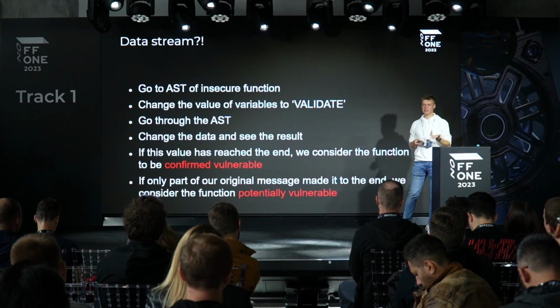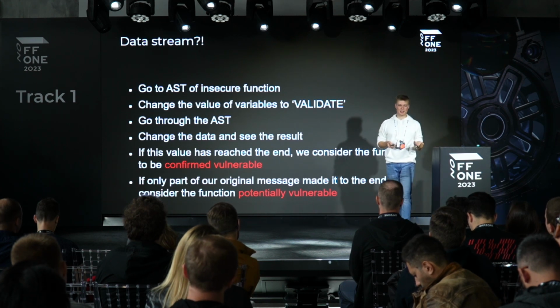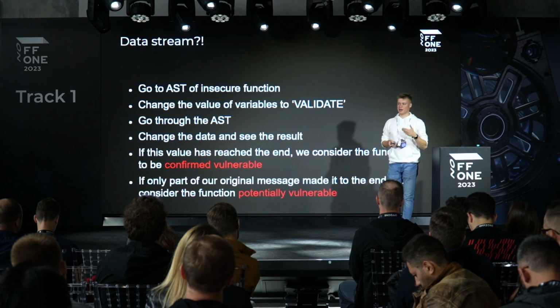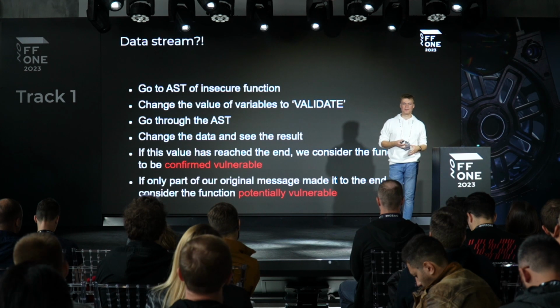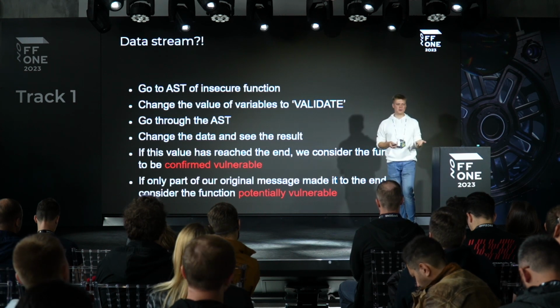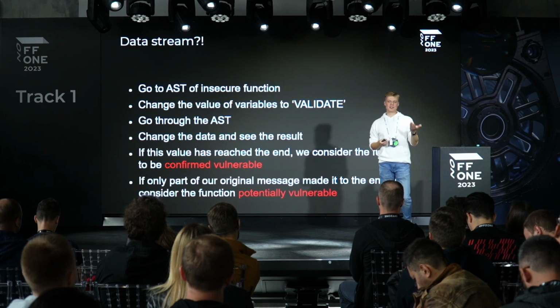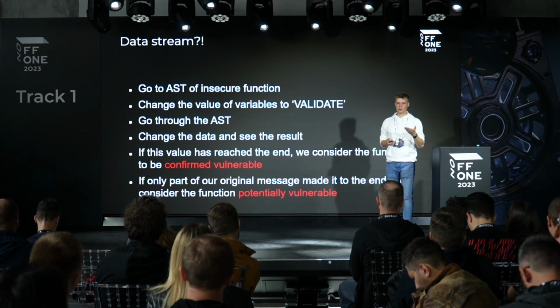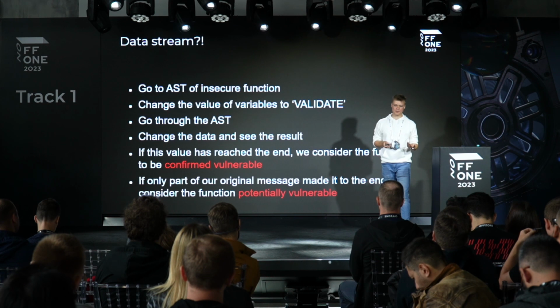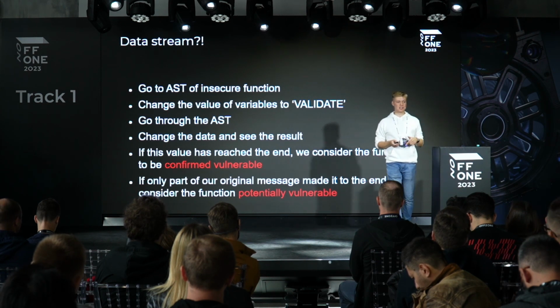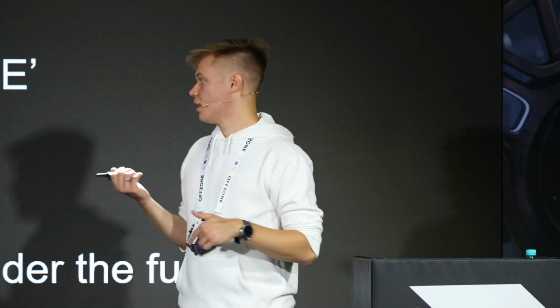And then I need to understand whether this function calls any regional variables, or it calls any global variables, any sources. If yes, for instance, our function takes some variables as input, then I will set a value, like a validate to this variable. Then I follow the AST and I perform all the necessary transformations.